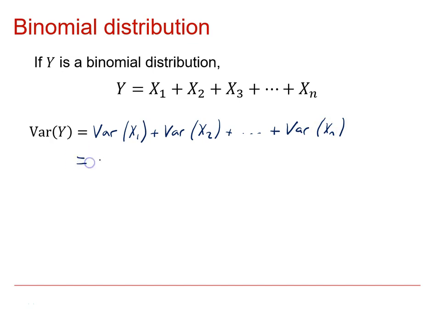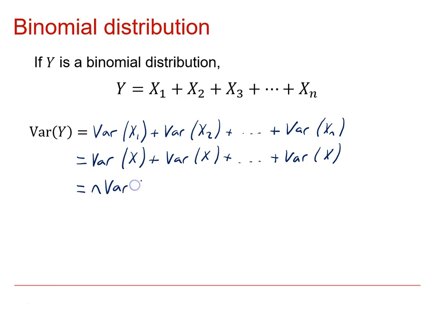Since they are all distributed the same, that's going to be the variance of x plus the variance of x plus up to the variance of x. That's going to happen n times, so it's going to be n times the variance of x. We established that the variance of x is pq, so it's going to be npq.